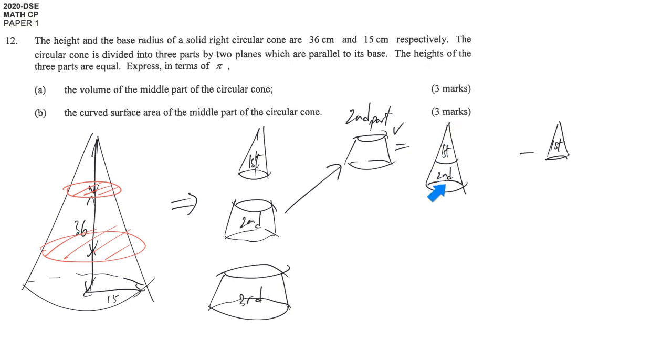They say the height is evenly distributed, which means that the height here is 36 divided by 3 parts. Each section is 12. So if we choose 2 sections together, the total height here is 24.